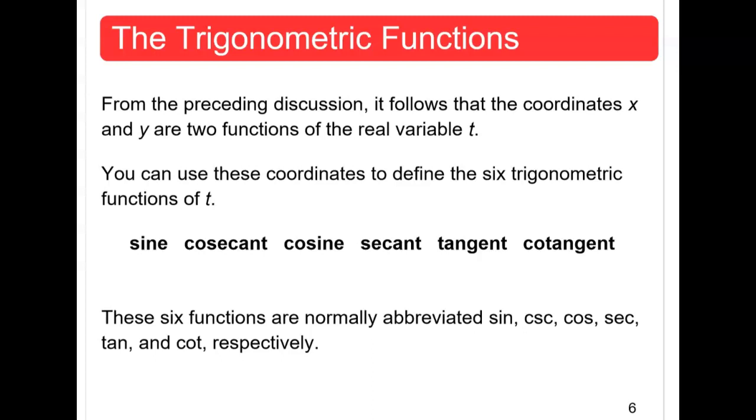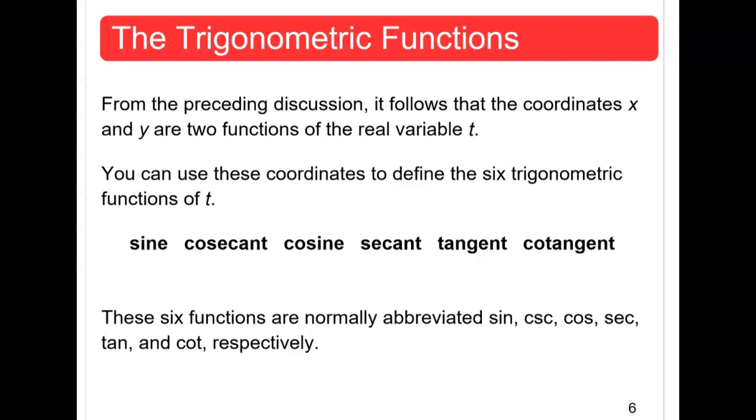And just for a minute, we're going to stop using theta, because we're moving from the central angle, which was labeled as theta, and we are extending the concept to the intercepted arc. So we are going to use the coordinates x and y to define sine, cosecant, cosine, secant, tangent, and cotangent.